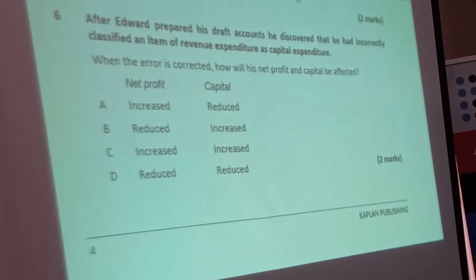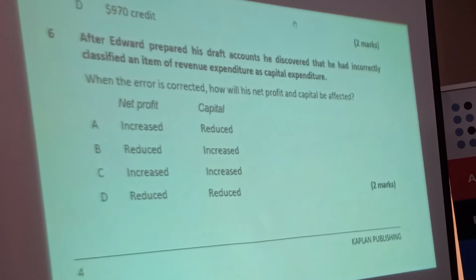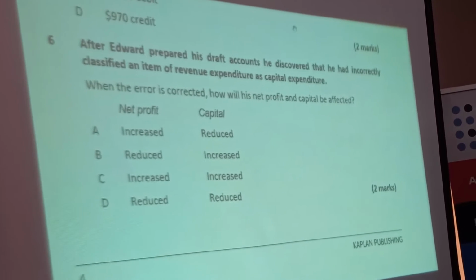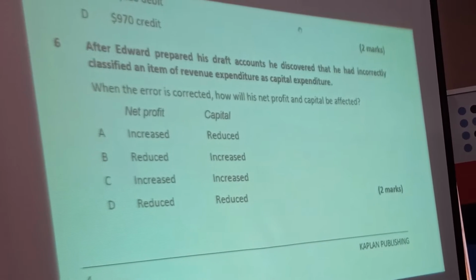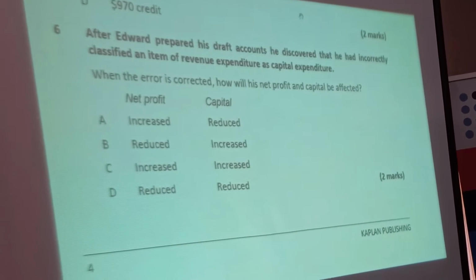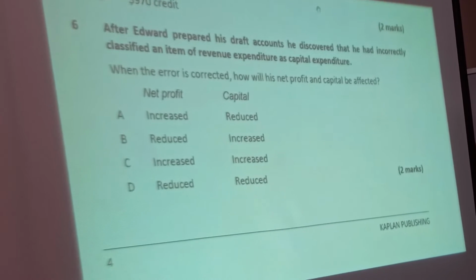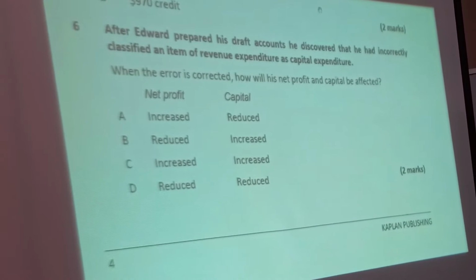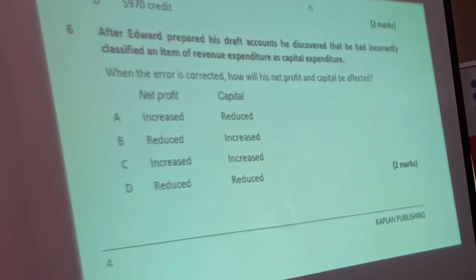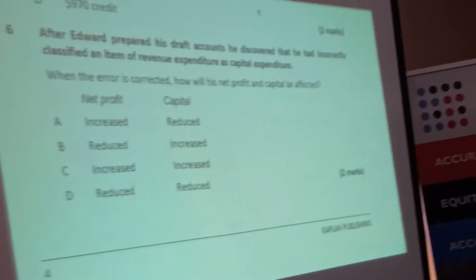On this one, they are saying when it is corrected. So either they will say what will be the effect, or they will say when the error is corrected. So now you start with the effect or the result. What will happen if that error occurred? They are saying he treated an item of revenue expenditure as what? Capital expenditure. Let's see.